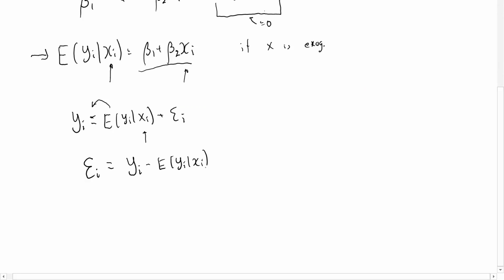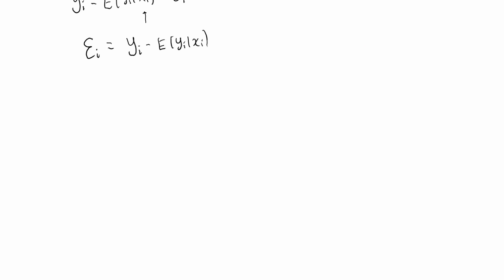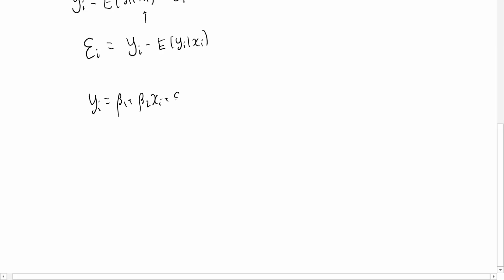Another thing I want to point out is that it's quite common to start from the linear regression model, differentiate this with respect to xi, and say that this doesn't depend on xi, so that becomes 0.